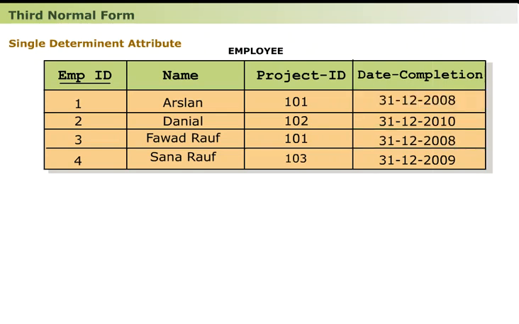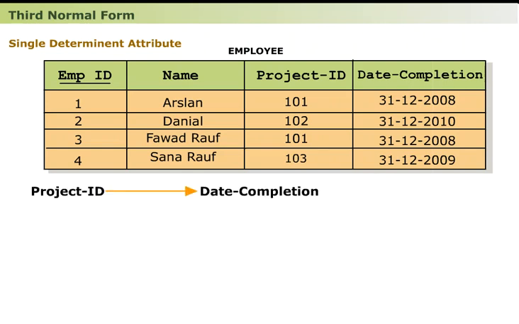The deletion of an employee may result in the deletion of project data also if there is a single employee in that project. Thus, the table has delete anomaly. Dear learners, the table is in the second normal form but still has all anomalies. The only reason is the existence of transitive dependency as shown.